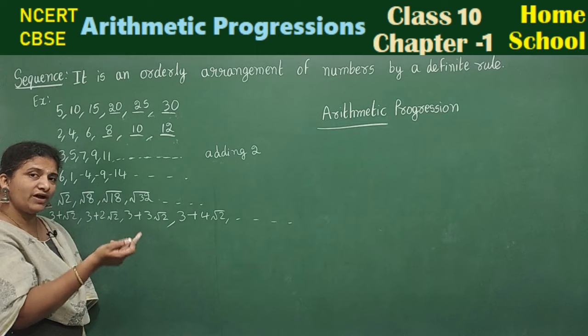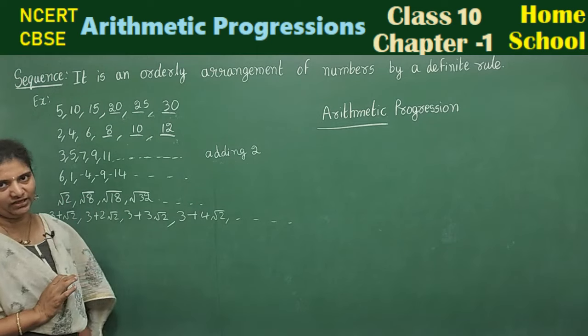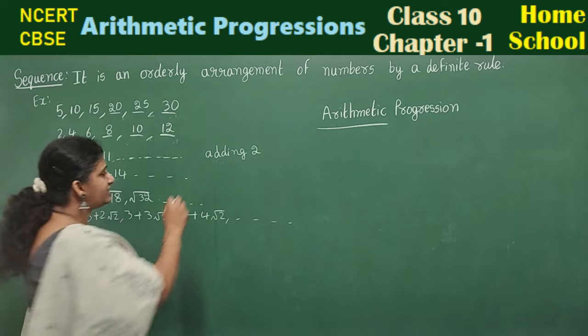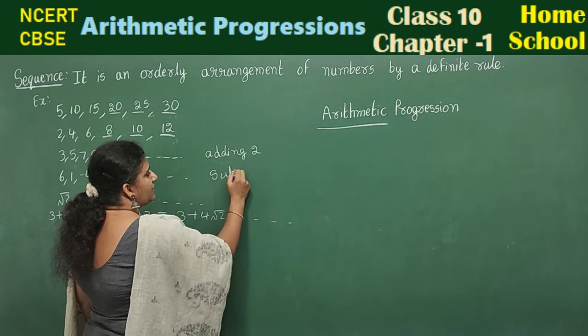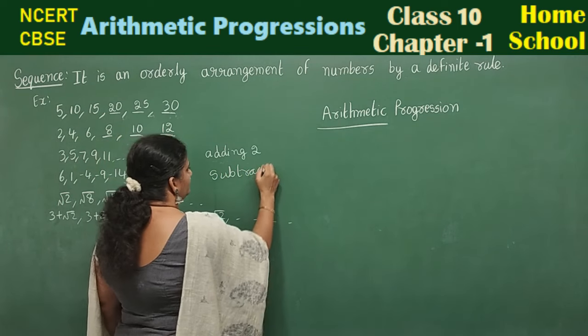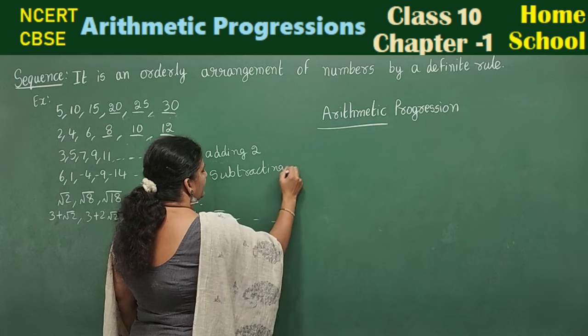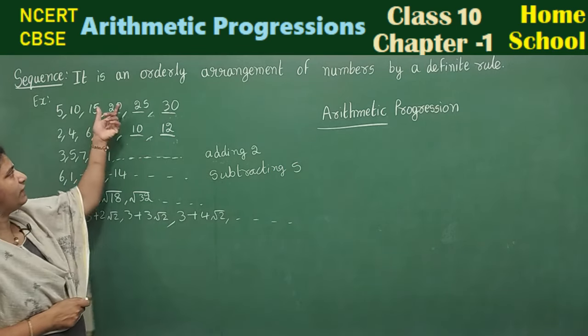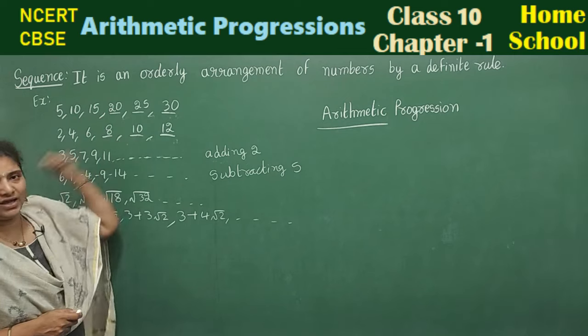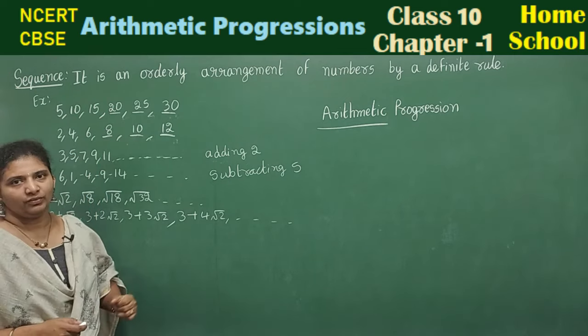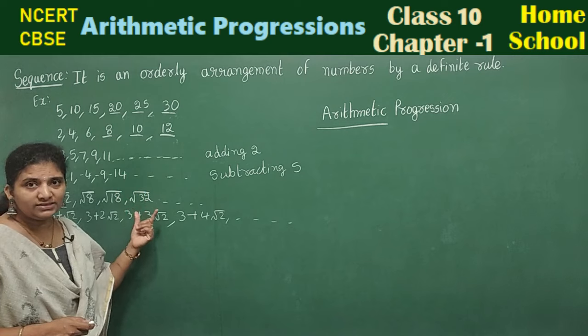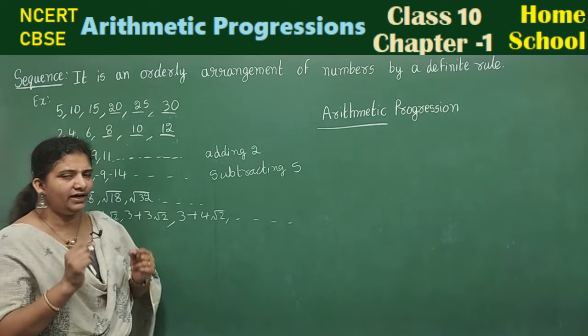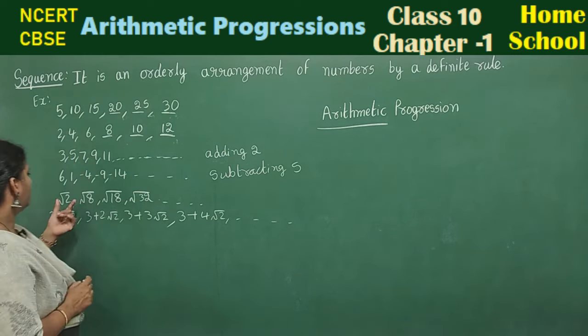Minus 9 minus 5 will be minus 14. What is the rule behind the sequence? Subtracting 5 for every number. Similarly, you can write here adding 5, adding 2. These are all sequences followed by a definite rule.